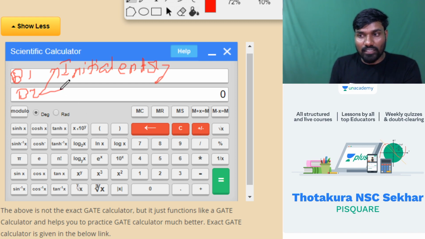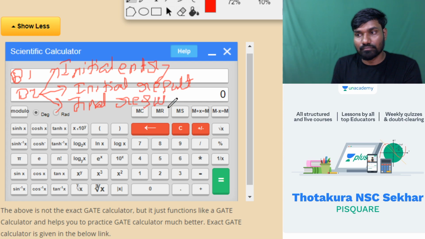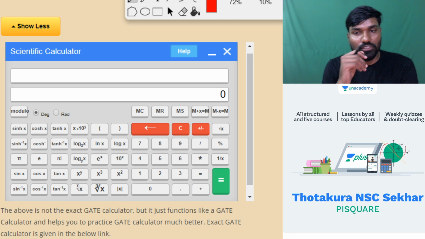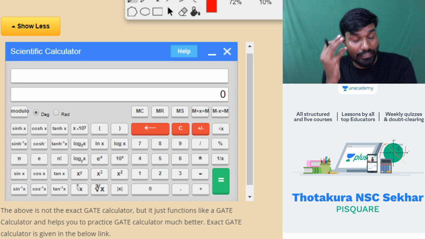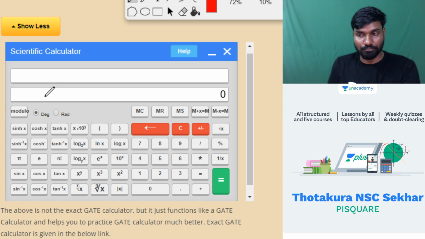The second one is initial result. The third one is final result. These are the 3 functions which display 2 has: initial entry, initial result, and final result.